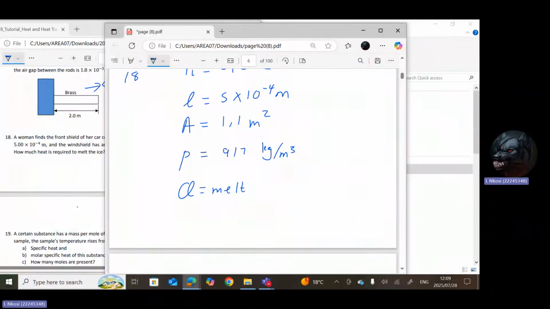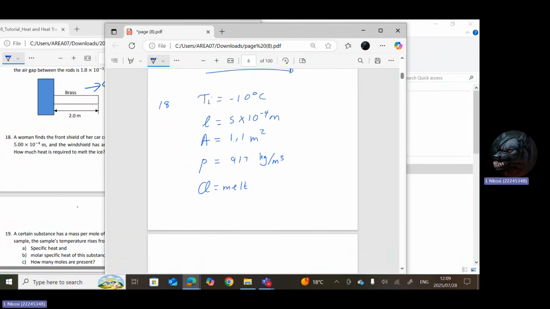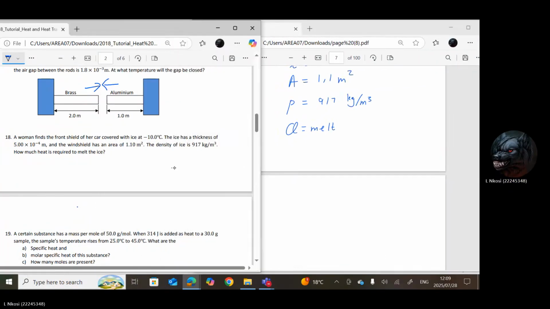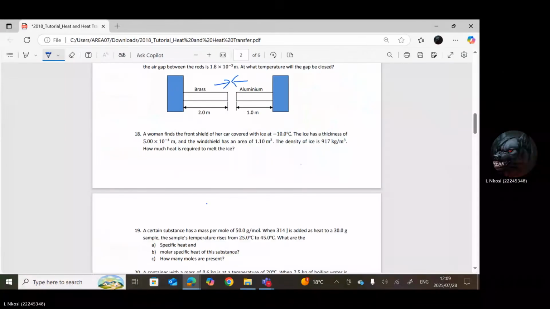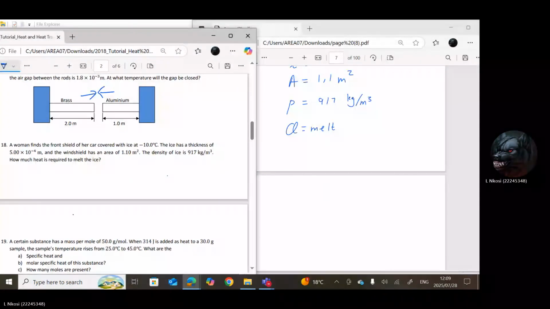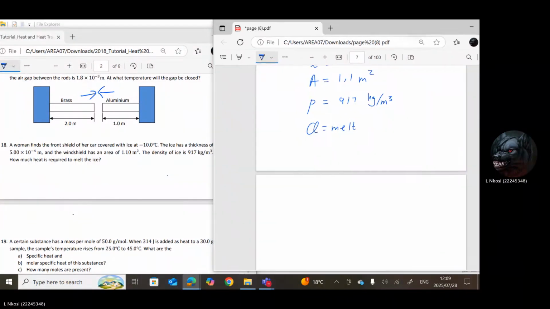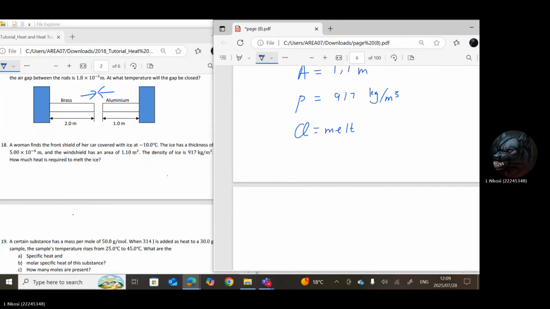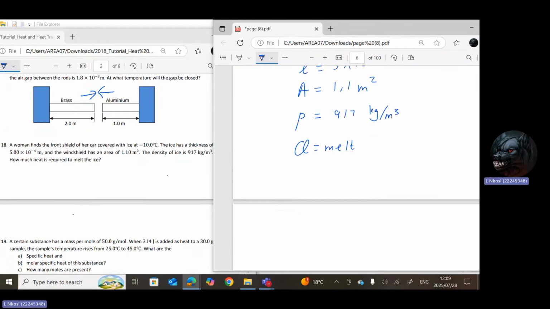So again, now you take the perspective of the ice. What will happen to the ice layer? The ice layer is at minus 10, right?